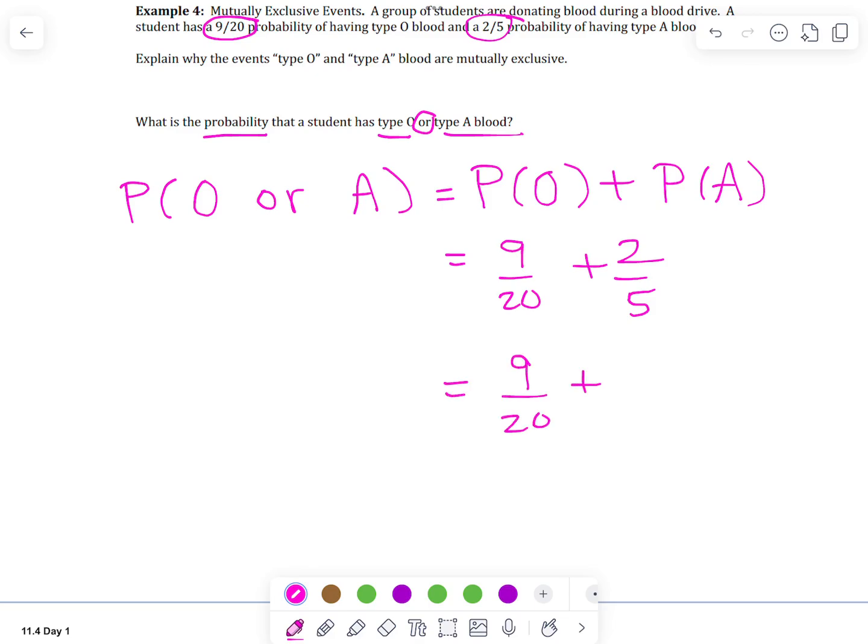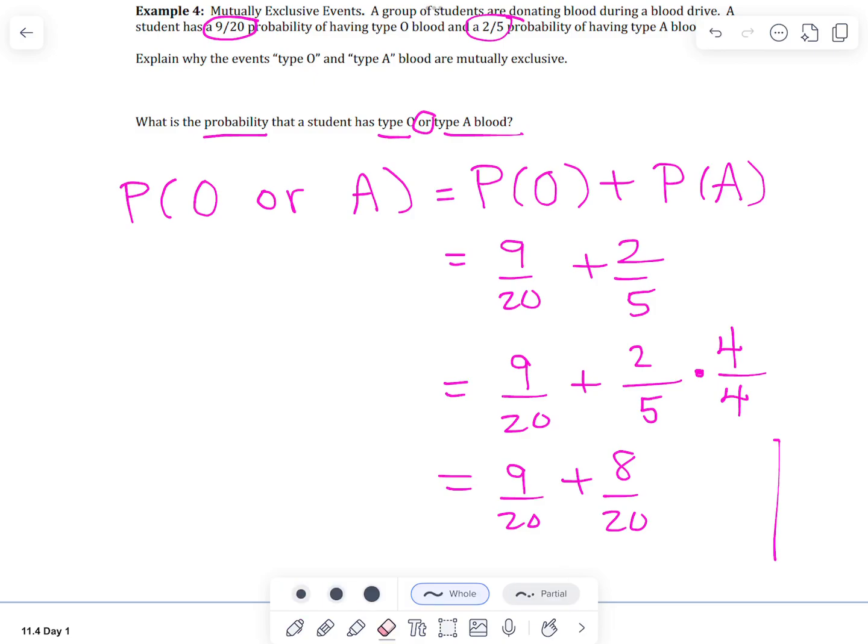So I'm going to multiply the numerator and denominator of the second fraction by 4. So 9/20 plus 8/20 is 17/20.